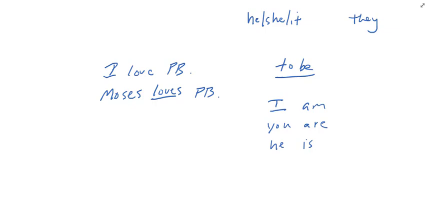Now, 15.8, we deal with a concept called aspect. And aspect is a bit difficult because we don't grammaticalize aspect in English. And so we don't really have a grammatical category for it that we're constantly working with. Some languages do. I studied Russian in college, and Russian has an aspect system. And you could use a form of a verb to indicate that you were in the process of doing something.